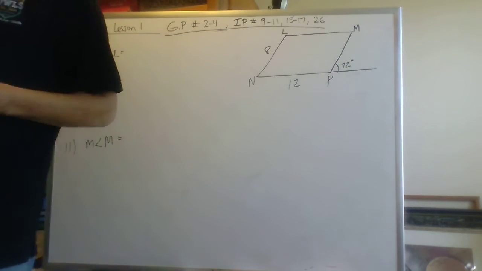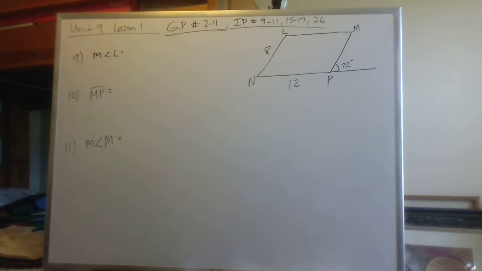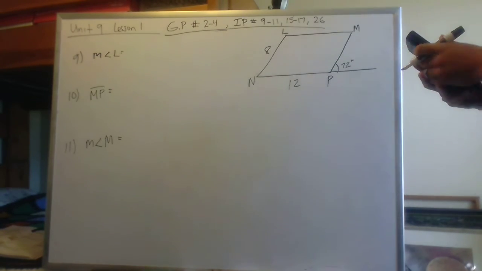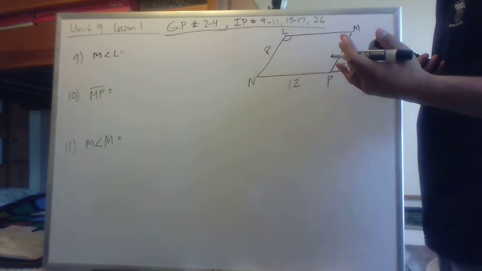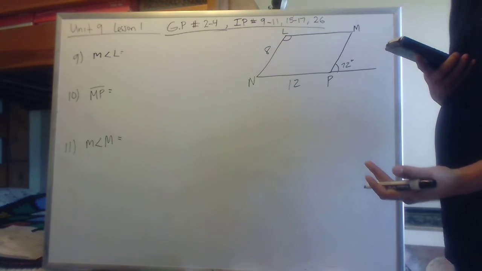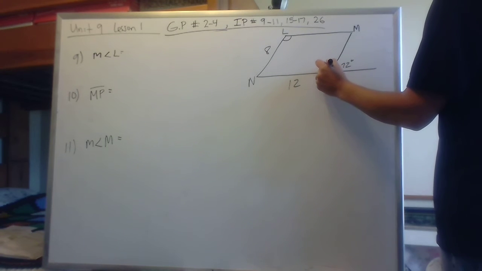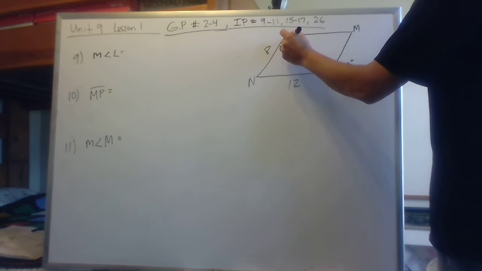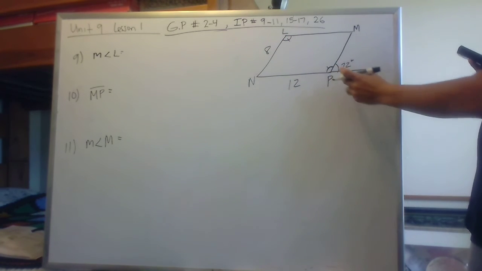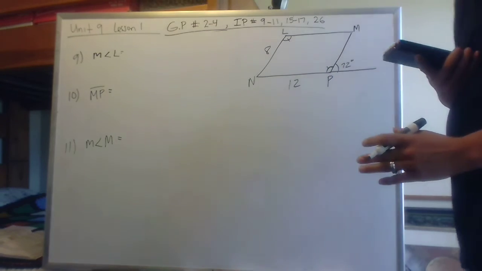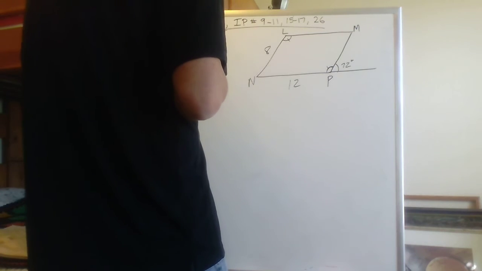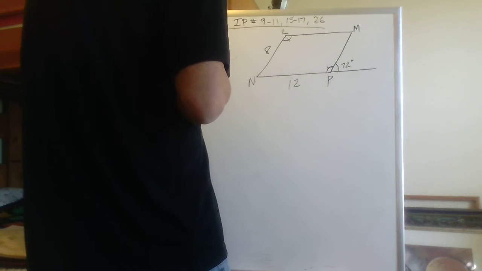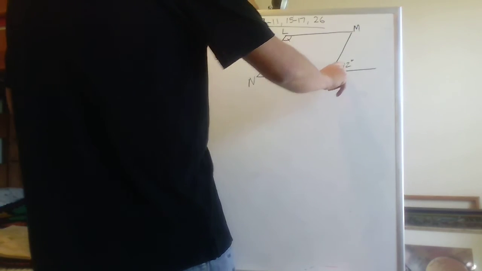All right, so let's look at those. When we're looking at this type of problem, we have the measurement of angle L. So the properties that we looked at earlier about parallelograms says that I know that this interior angle for P is going to be congruent to L. So we don't know this interior of P. However, we can find it because at P, the exterior angle is 72.